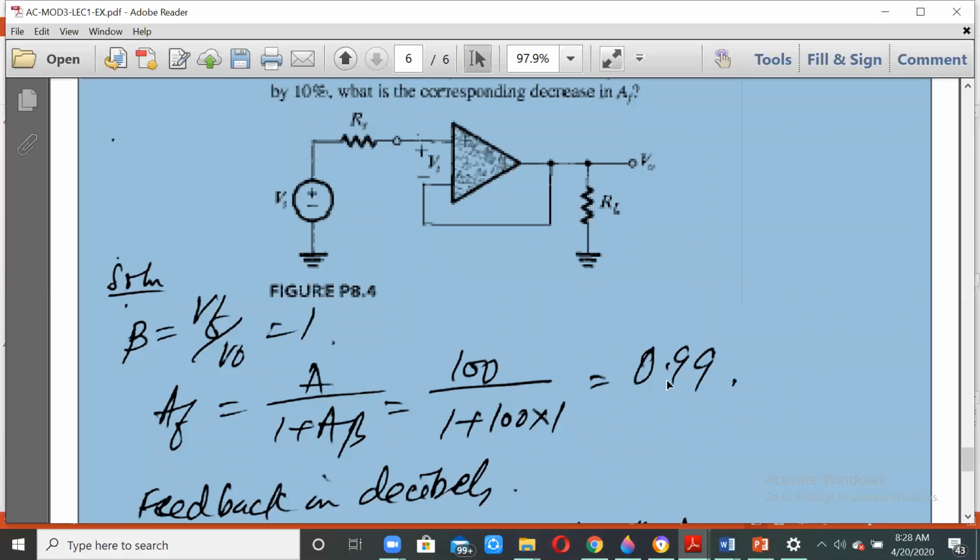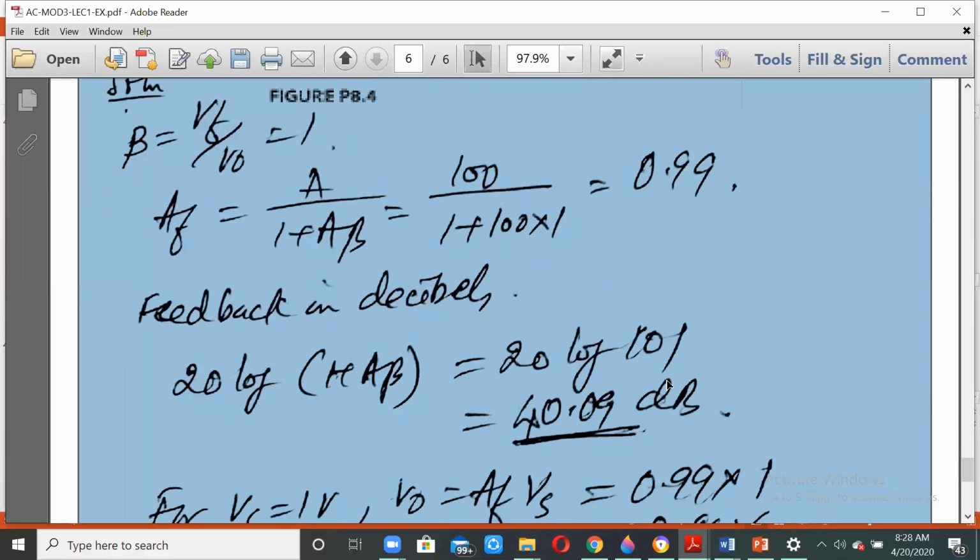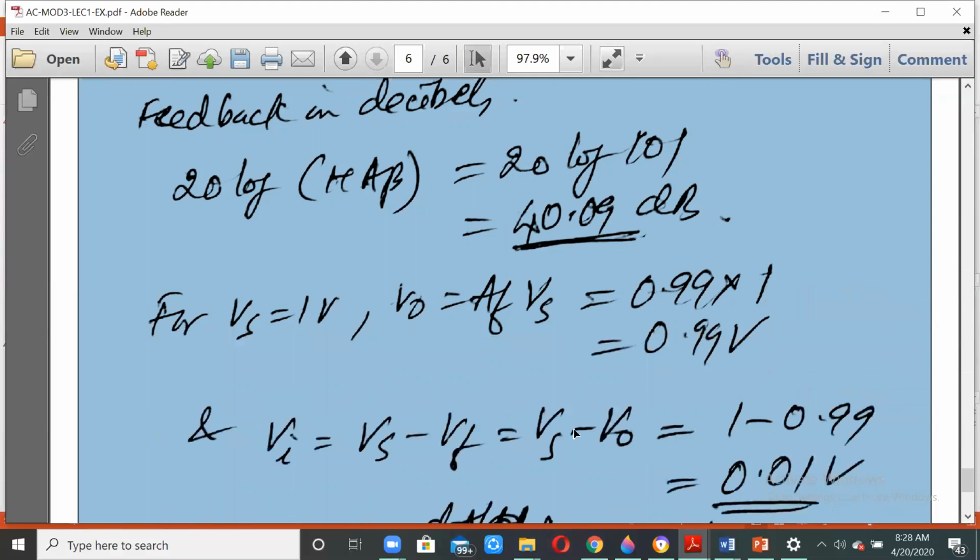So having got the value of AF equal to 0.99, feedback in decibels will be equal to 20 log of 1 plus A beta, equal to 20 log of 101. This is 1 plus A beta, that is 101, or it can be considered as 100 by 0.99 also, A by AF also. That is equal to 40.09 dBs.